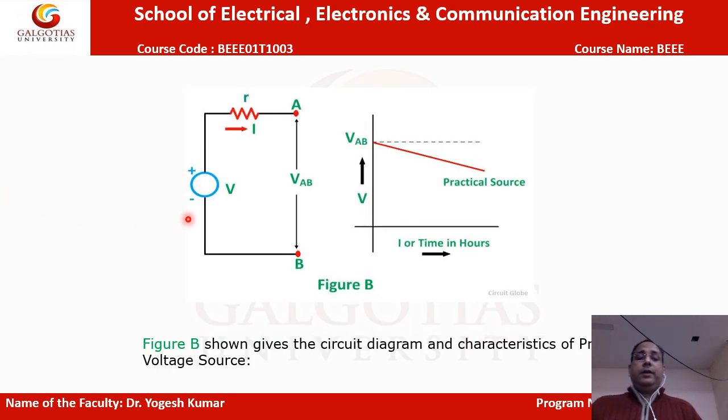If we take the practical voltage source, then we have to consider the internal resistance, so there is some voltage drop across this internal resistance and we will not get a constant output voltage. So this dotted line shows the ideal, but this line shows the practical source. Generally we get such output only.